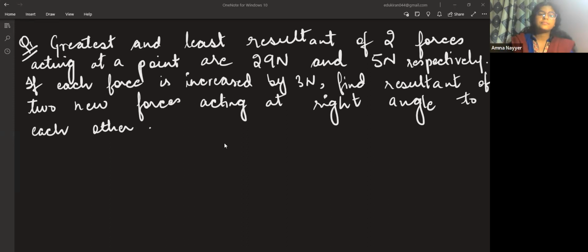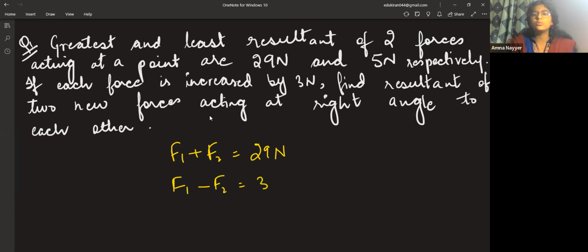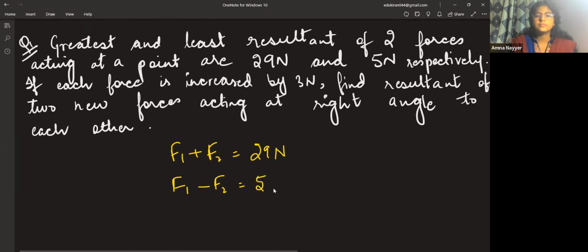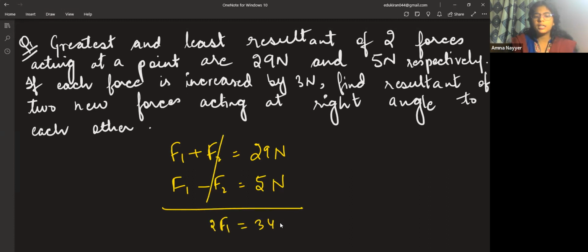Now see, F1 plus F2 is equal to 29 Newton. And what's the least value? F1 minus F2 is equal to 5. Let's add them. So 2F1 is equal to 34 Newton, so F1 is equal to 17 Newton.